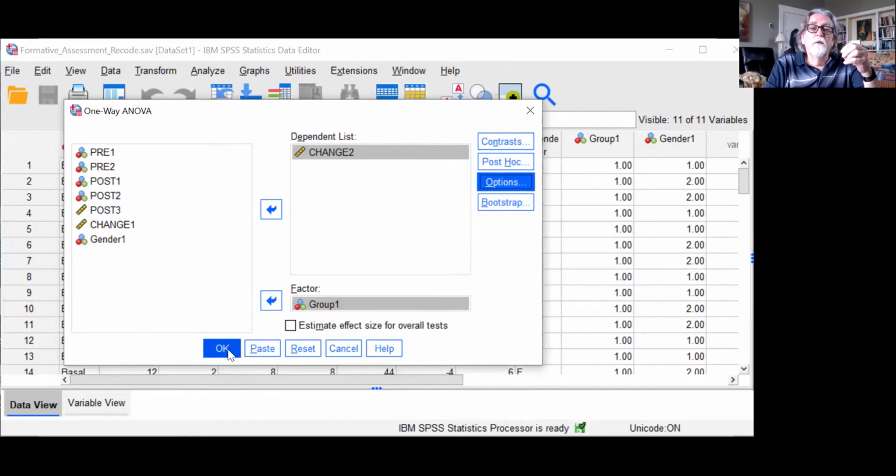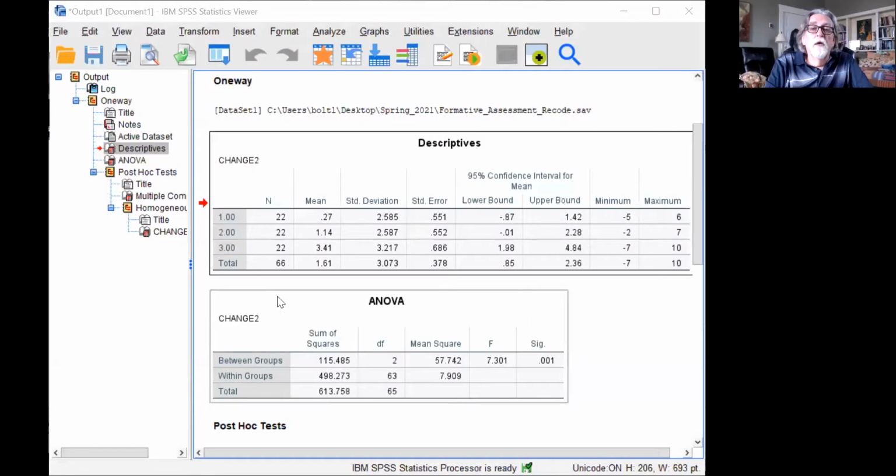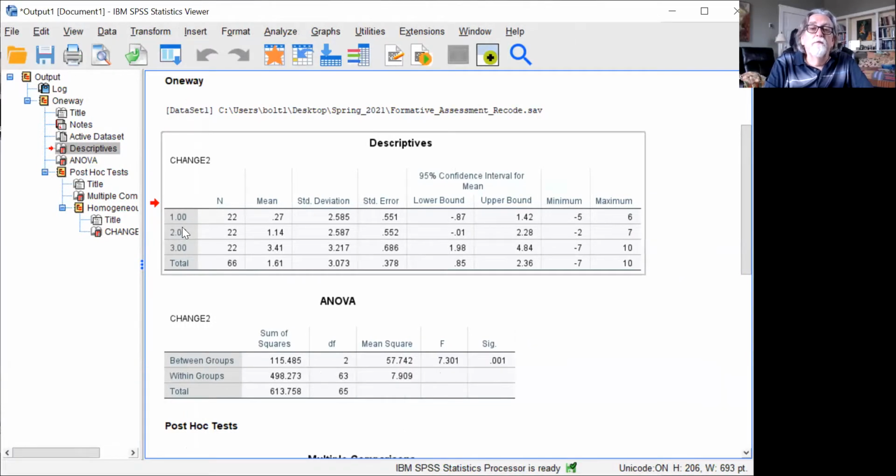And so we will run that example. I'm going to have to unshare the data file to share the output screen. So that's what I'm doing right now. And you'll notice here in the output screen, we have the three groups for change score.